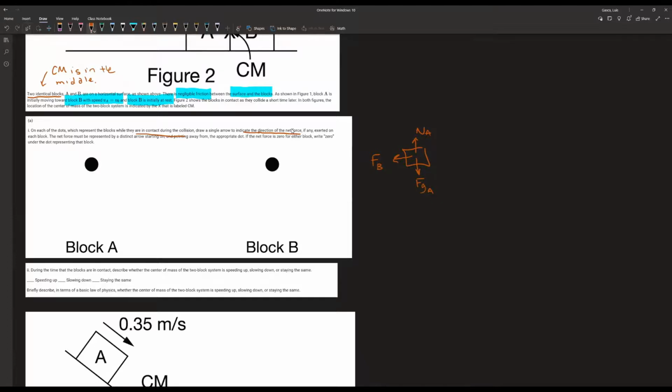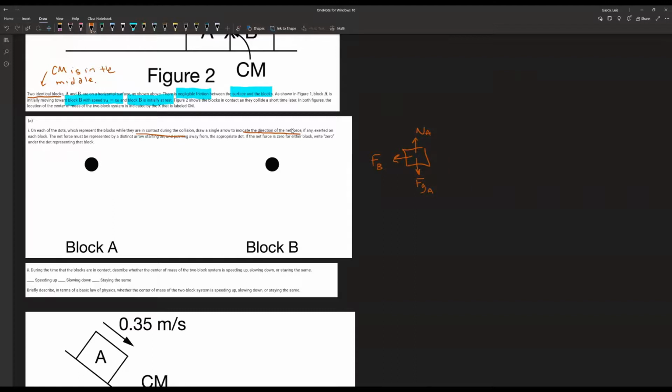They want us to draw the direction, if any, of the net force exerted on each block. The net force must be represented by a distinct arrow starting on and pointing away from the appropriate dot. If the net force is 0 for either block, write 0 under the dot representing the block.